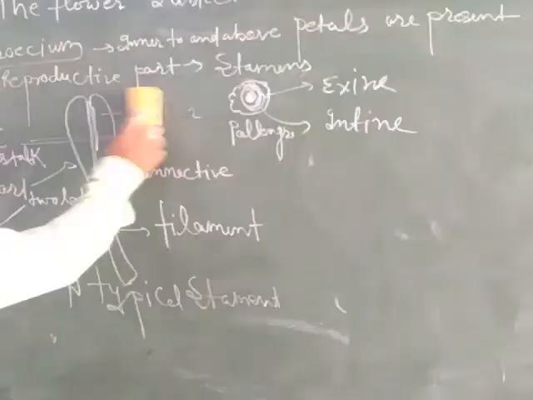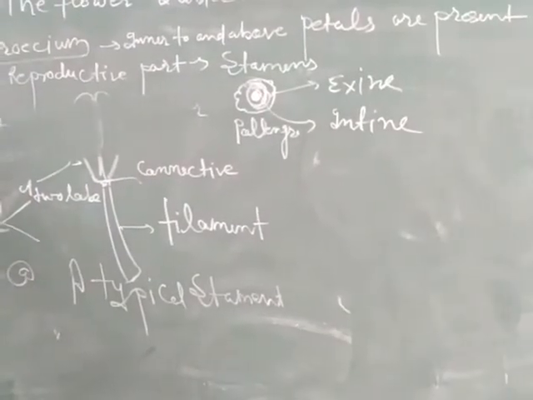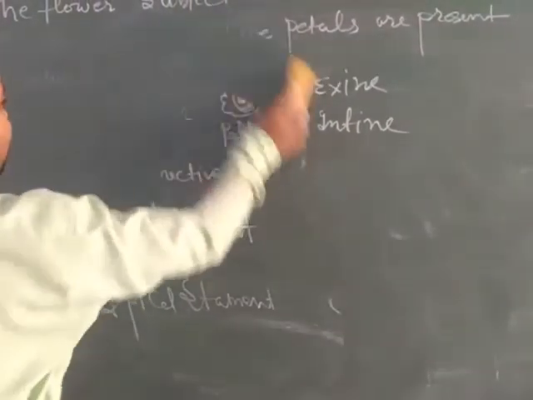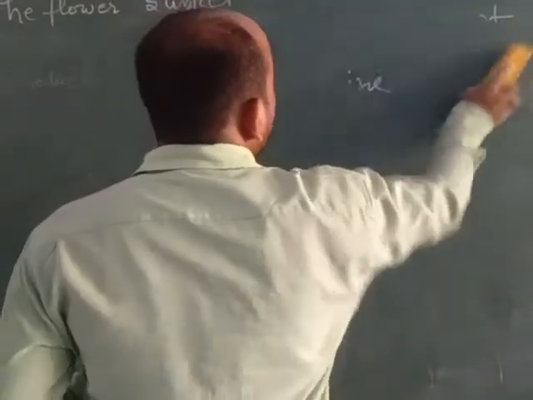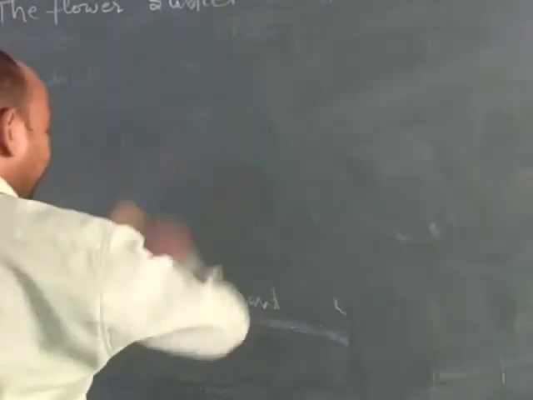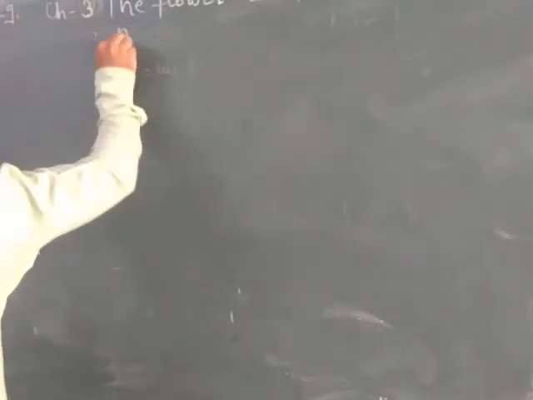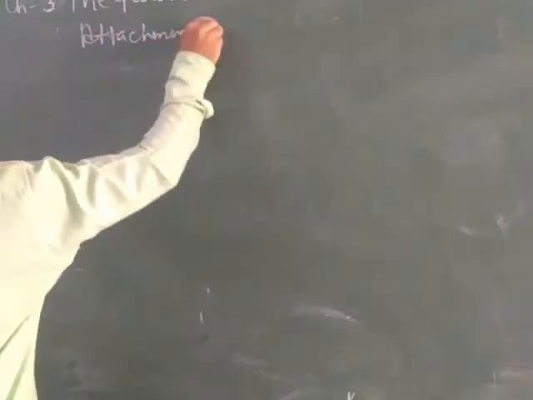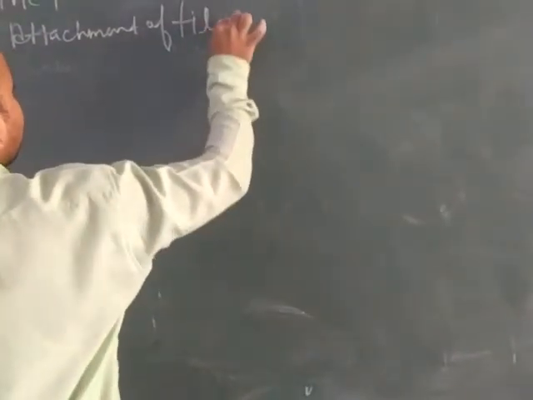Now, dear students, we will discuss the attachment of the filament. We know that in the androecium, or in the case of the stamen, filaments are attached in many ways. The attachment of filament is of different manners.